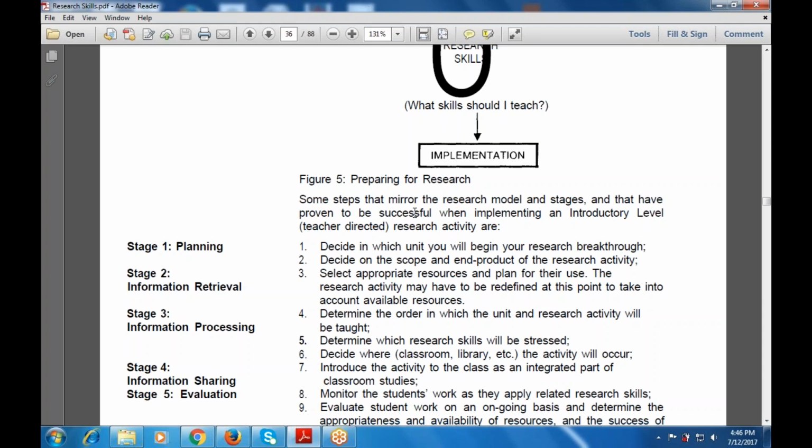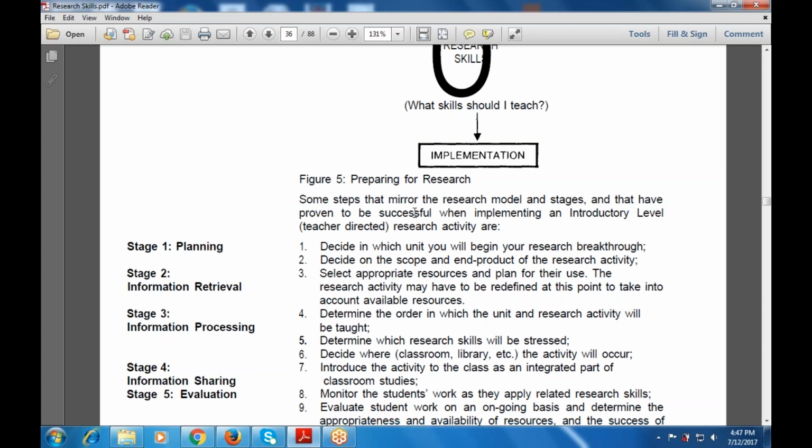Then determine the order in which the unit and the research activity will be taught, which research skills will be used, and where the activity will occur. Where means either the classroom, the library, a computer lab, anywhere. Then introduce the activity to the class as an integral part of the classroom studies.